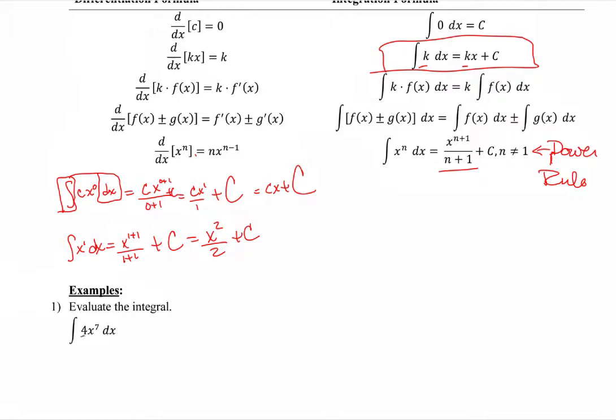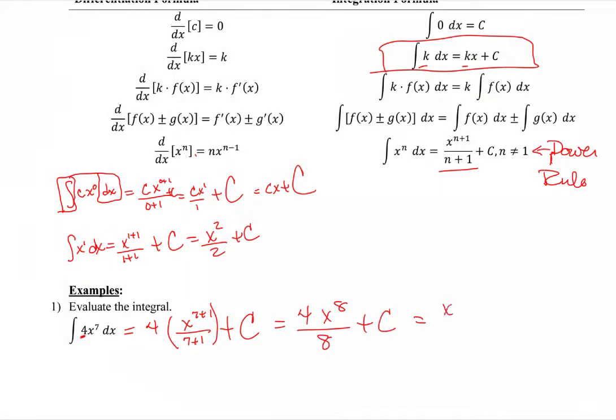Now, any kind of number like this, what I like to call it is a tag along. So it's like a little puppy that follows you around and goes everywhere with you. Okay? So it's going to be 4 times x to the 7 plus 1 over 7 plus 1 plus my capital C. So that's 4x to the 8 over 8 plus c.